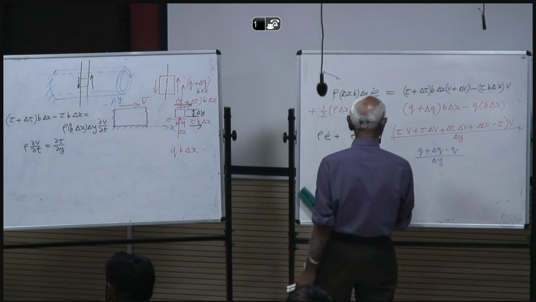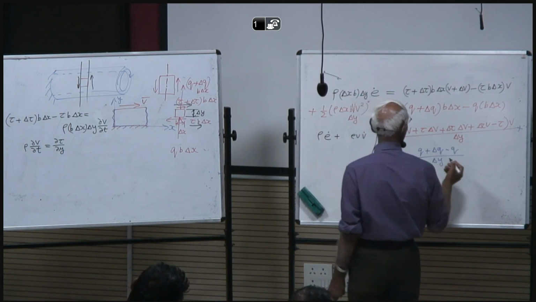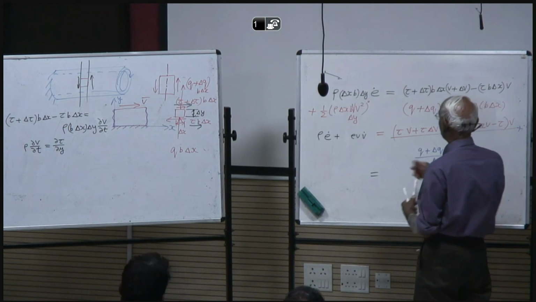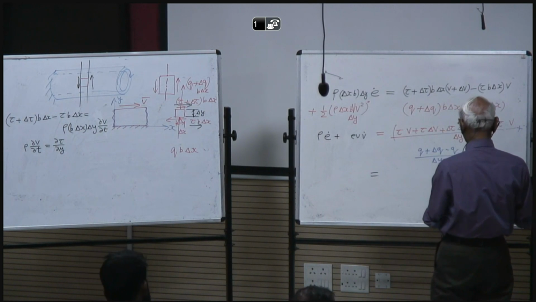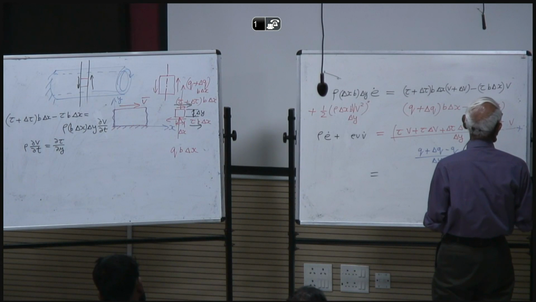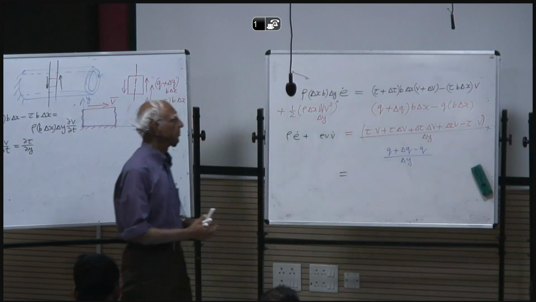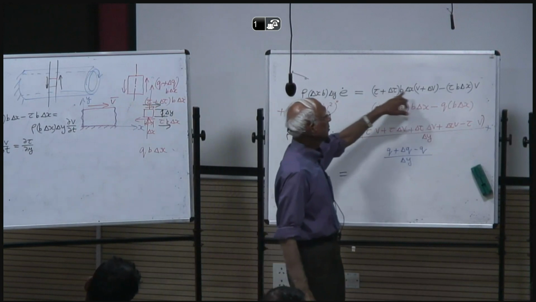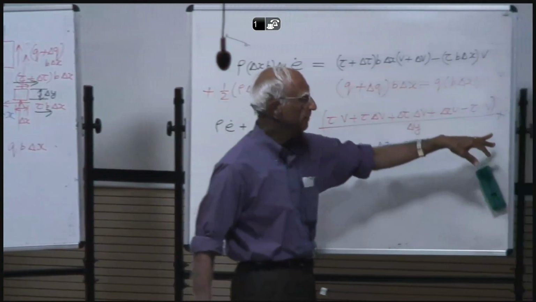Okay, so if we do this, tau times V, there should have been tau. The parenthesis should have been here, V was not outside, because this is tau V, delta V, so this V was not outside.